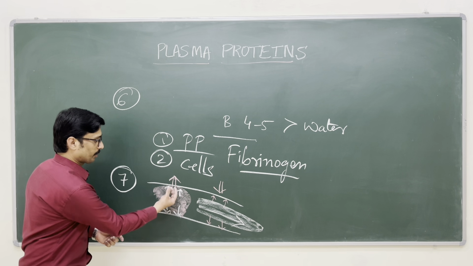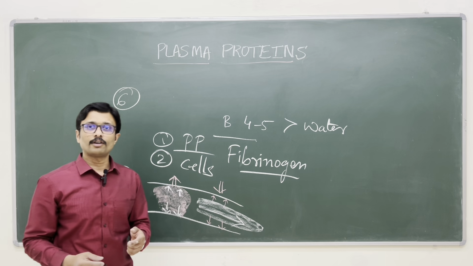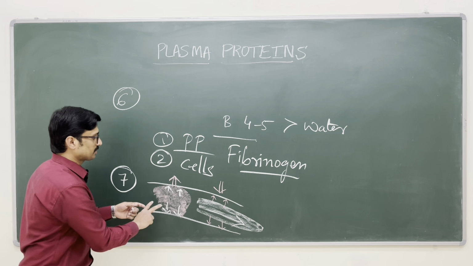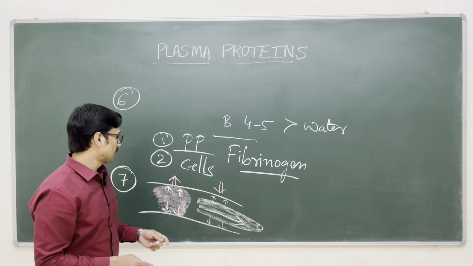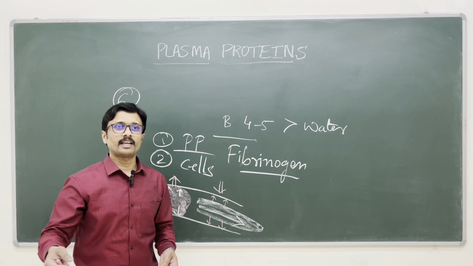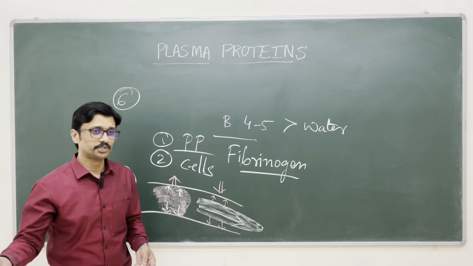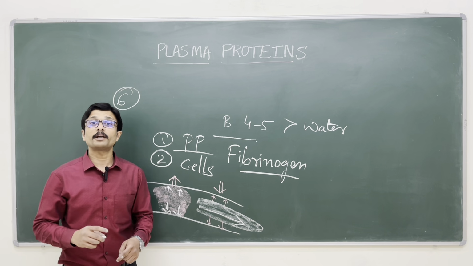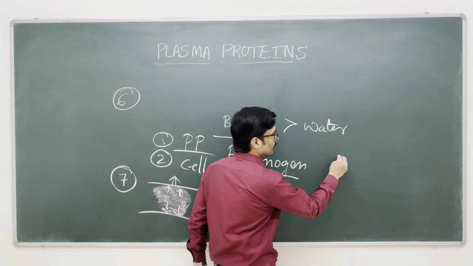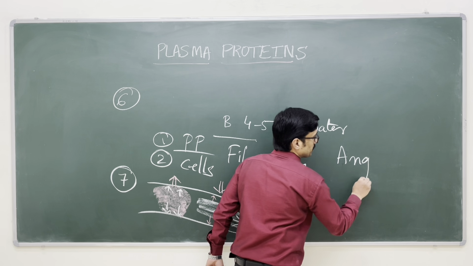So one function of plasma protein is to exert pressure on the wall of the vessels, so that more blood can come out of the capillaries and provide nutrition to the tissues. The blood pressure can also be regulated by a plasma protein, angiotensinogen.